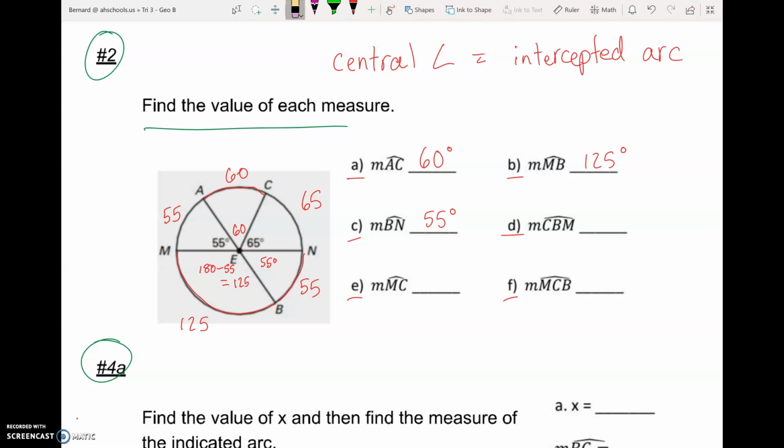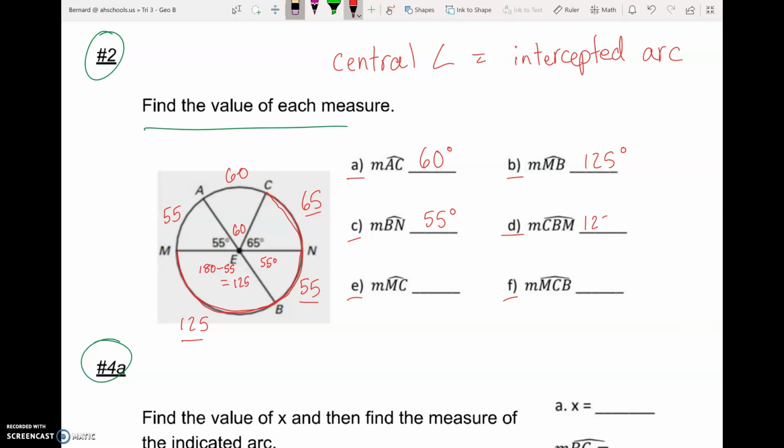All right, now we might start having to piece things together a little bit more. So let's see what they ask us. CBM, start at C, go to B, go to M. That looks like it is a 65-degree section, a 55-degree section, and a 125-degree section.